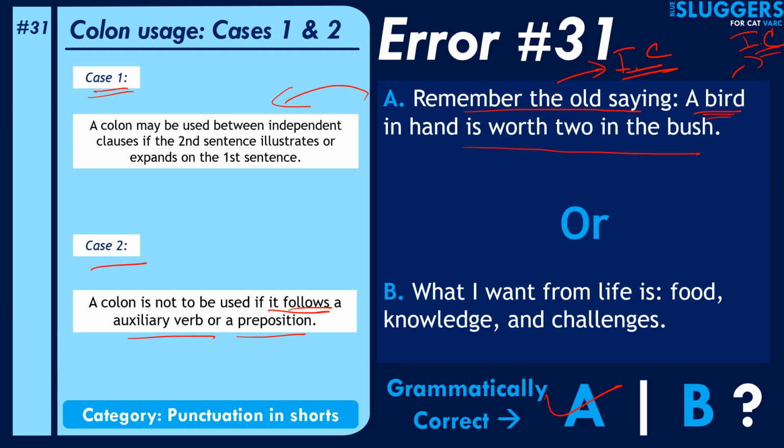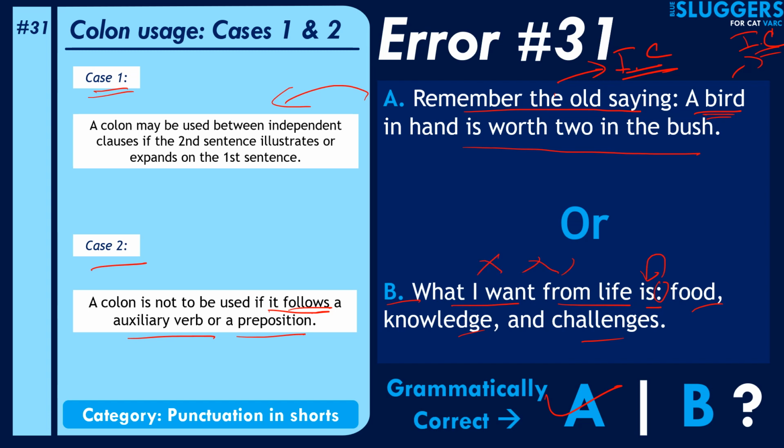To understand that, let's look at this example. It says, what I want from life is, then you have a colon. So your colon in this case follows the auxiliary verb is, right? So it comes in the way of the complement of this verb, which otherwise would have been food, knowledge, and challenges. So these are the cases which are not considered grammatically correct.